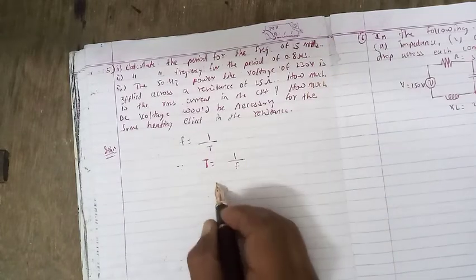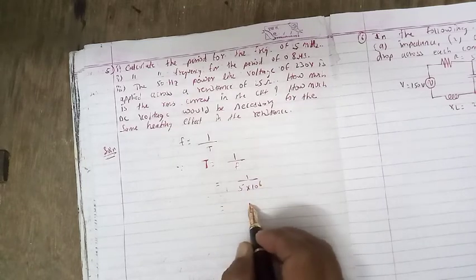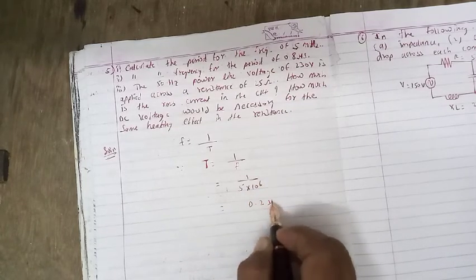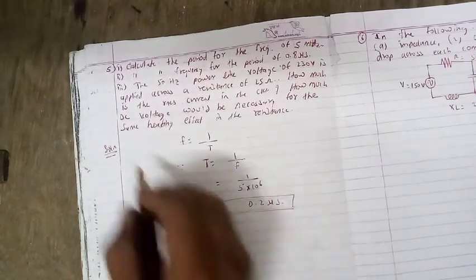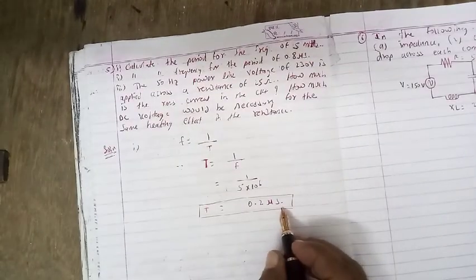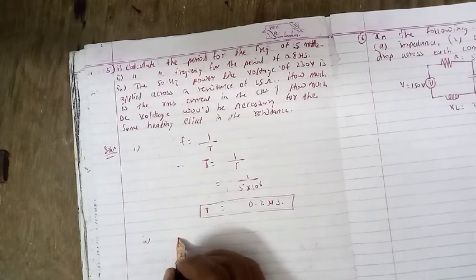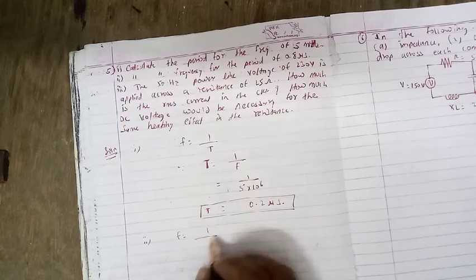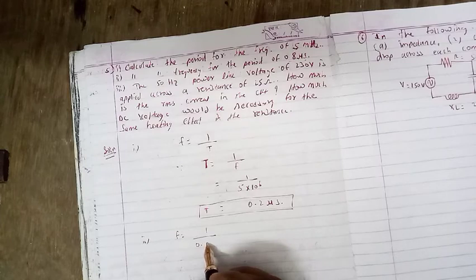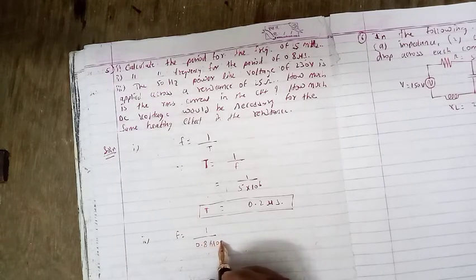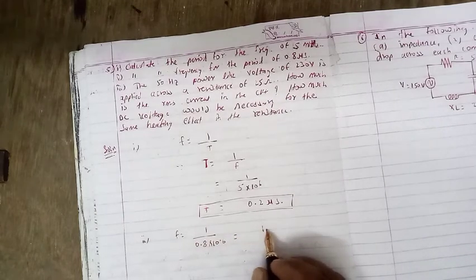So T is equal to 1 divided by 5 into 10 to the power 6, which is 0.2 microsecond. Then for the second number, the frequency F is equal to 1 divided by 0.8 multiplied by 10 raised to power minus 6, and after solving you will be getting 1.25 megahertz.